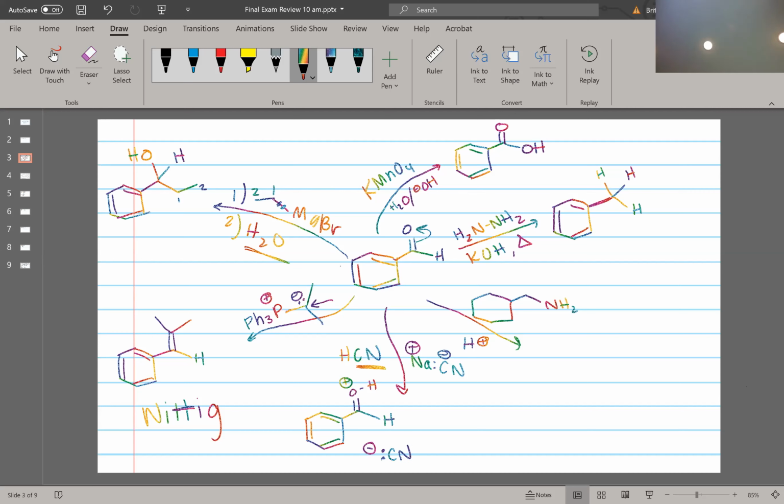What's going to happen? Is it going to attack the carbonyl? Yep, it would attack the carbonyl. And that's our product. This is a cyanohydrin.